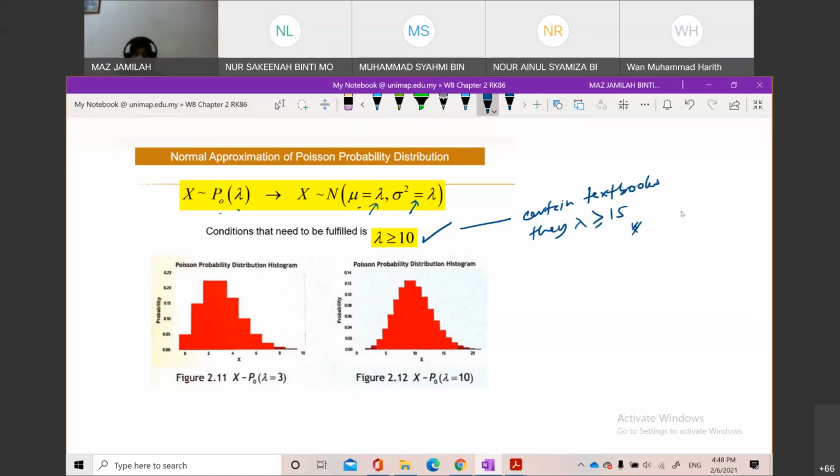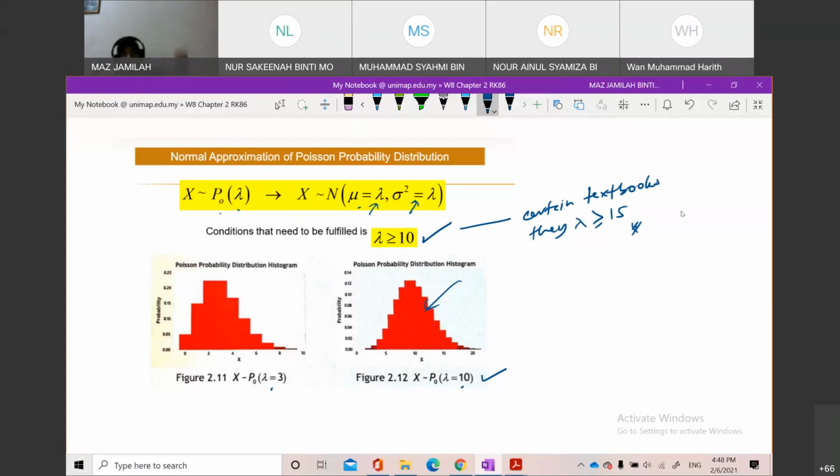In our case, if you look at the distribution for X following Poisson with lambda equal to 3, and we increase the average value, it becomes symmetric. By having lambda equal to 10, it is approximately normal.